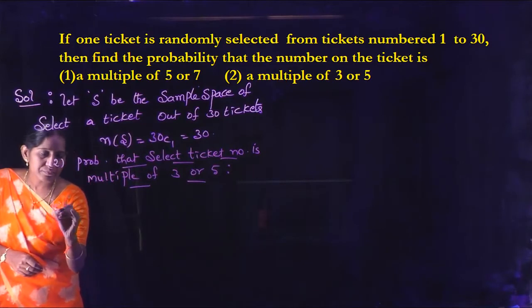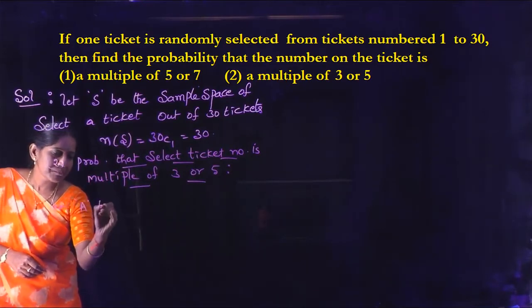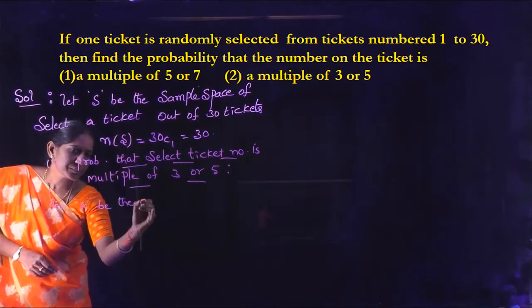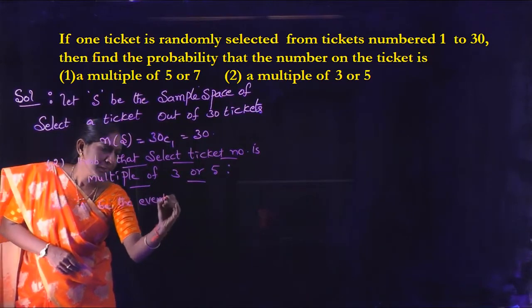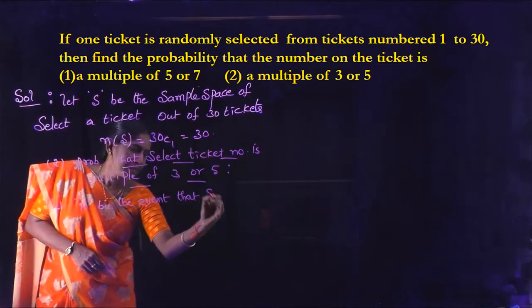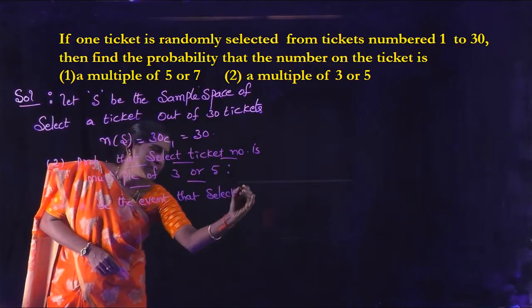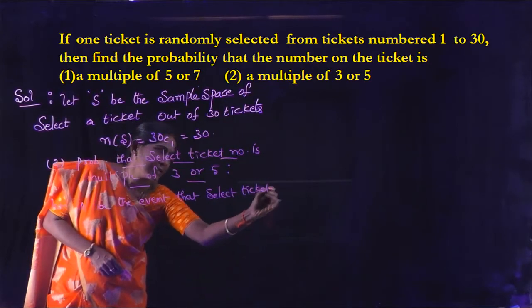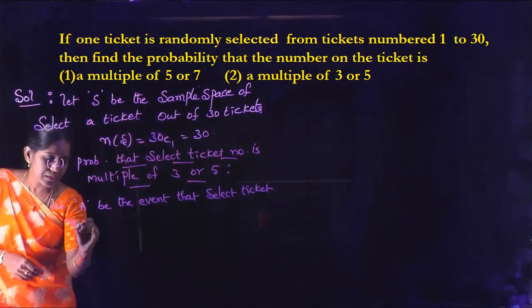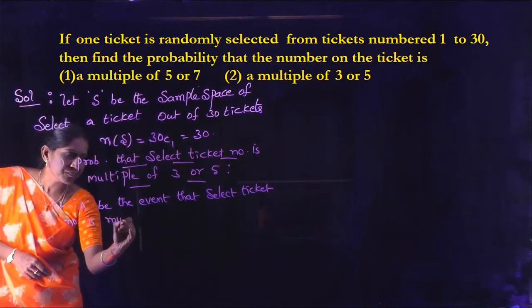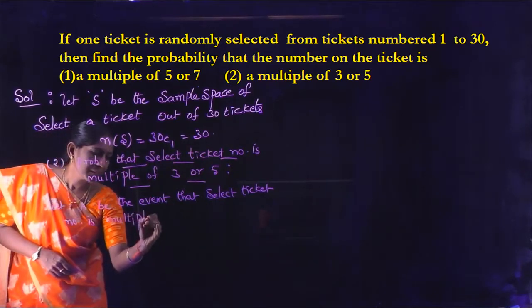Let A be the event that the selected ticket number is a multiple of 3.